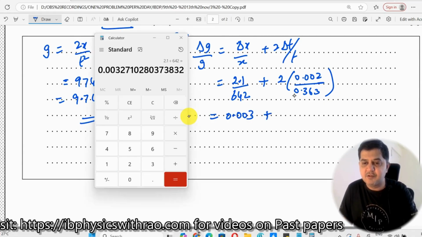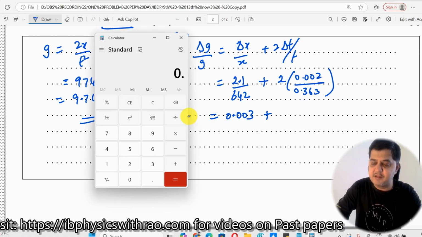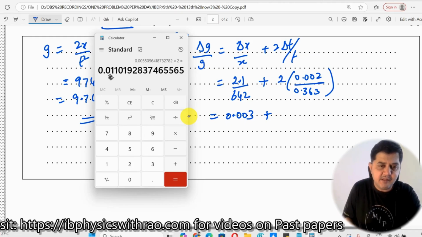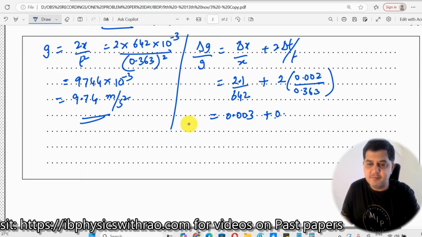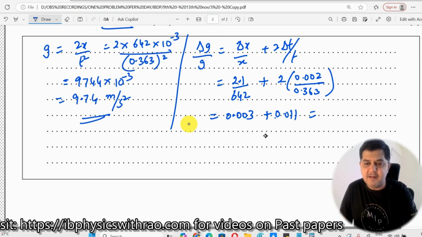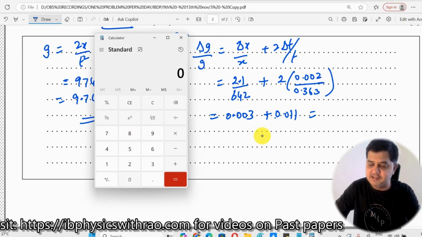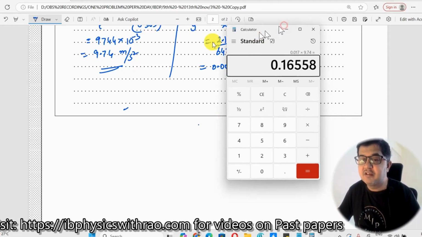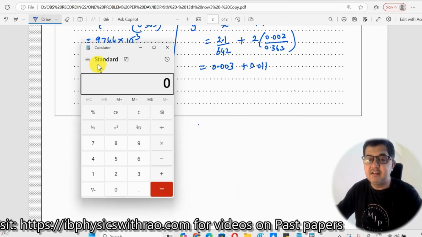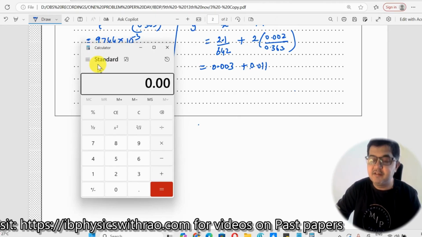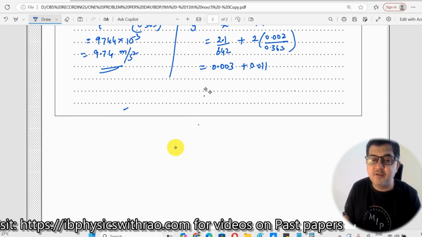Plus what about this here? 0.002 divided by 0.363 will be 0.0055, multiplied by 2 will be 0.011. Now let me add both of them. 0.003 plus 0.011 gives 0.014.